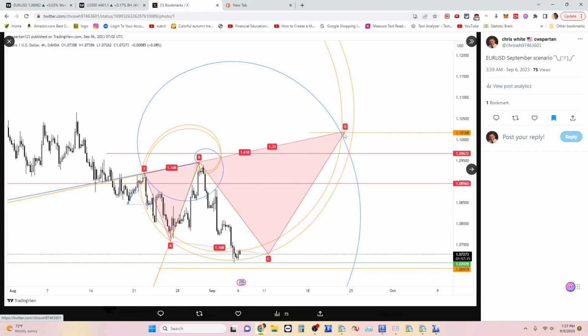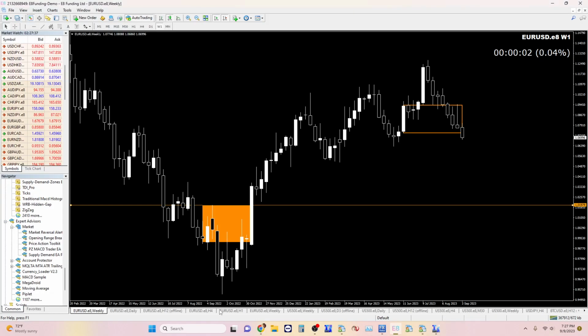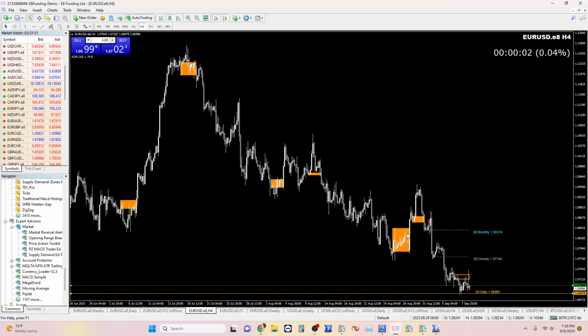But yeah, because we've got, I think, an H4 naked breaker right around here. If we were to look, it's right here, 1.09672.